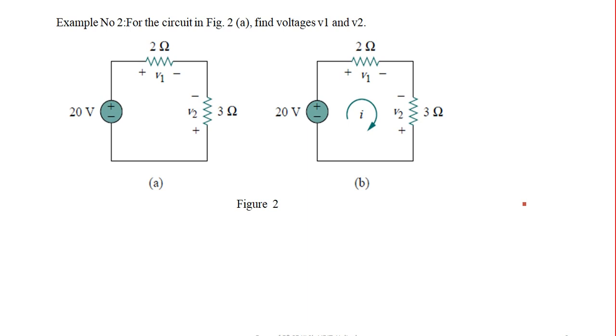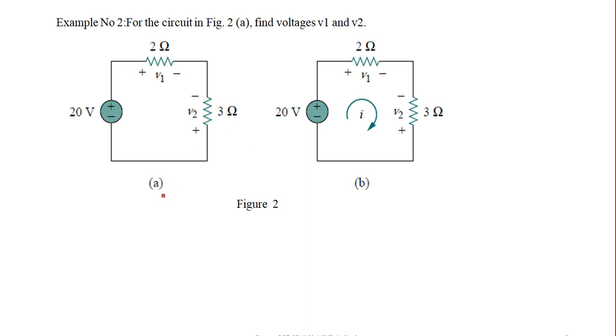Now coming to this example number 2. For the given circuit, what you need to find? It is already mentioned that you need to find voltages V1 and V2. Okay, so let me just check. What is the actual circuit given?